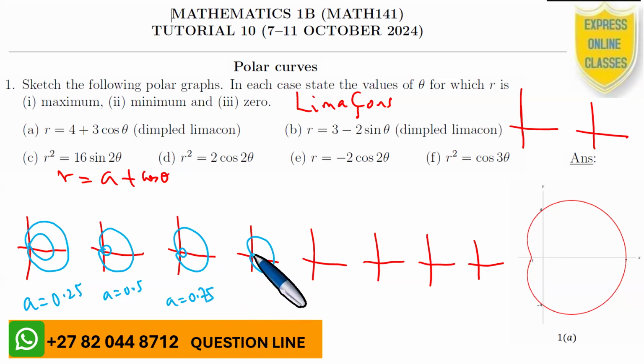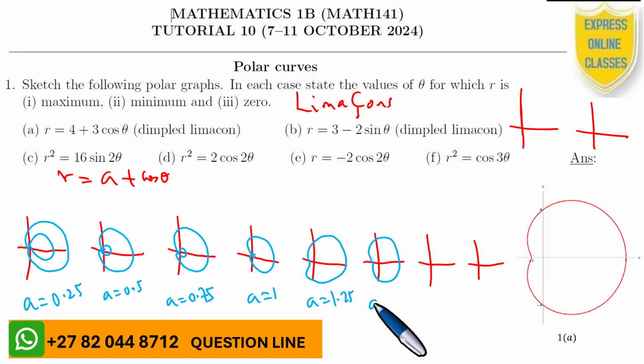Then there's this one with no clear hole, when A equals 1, like 1 plus cosine theta. Then a case when A is 1.25, and 1.5.